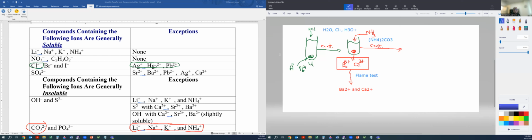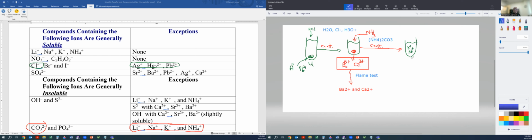And then, choose a different color. What I have left over here is the supernatant, and that supernatant has either potassium left or sodium left.